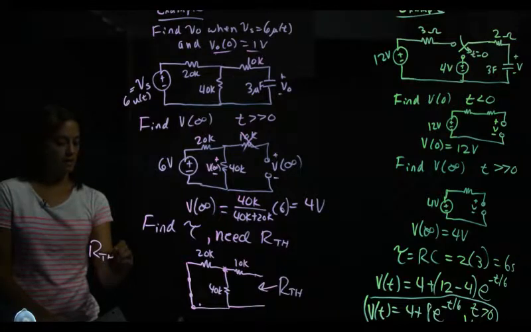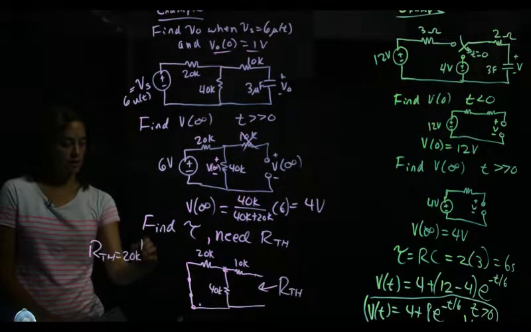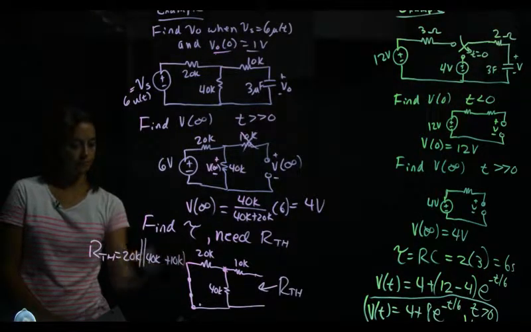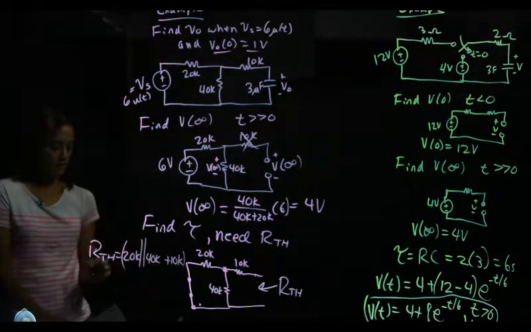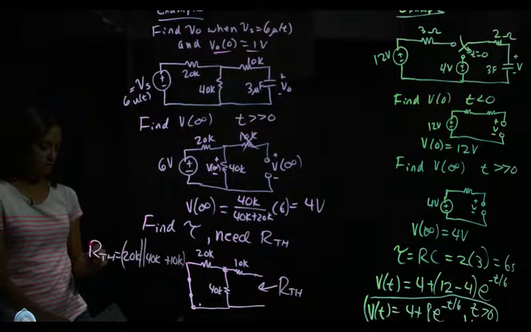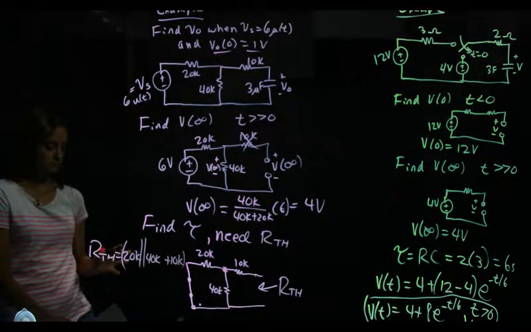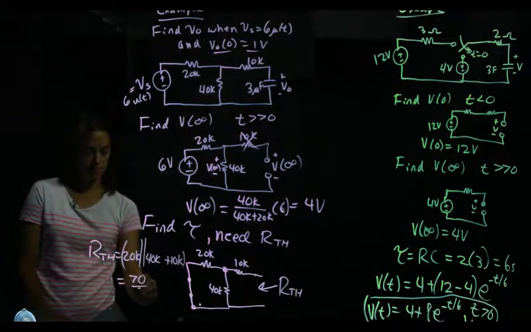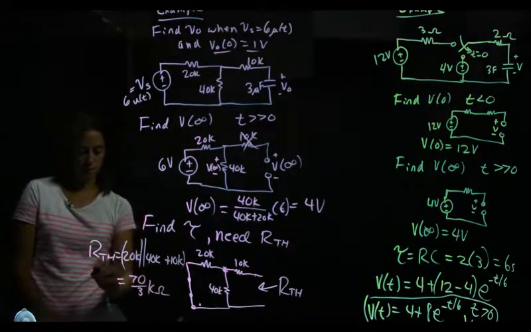So we have an R-Thevenin that's 20K in parallel with 40K, in series with 10K. So we do the parallel first. I don't know what that gives us, but the whole thing is 70 over 3 kilohms.